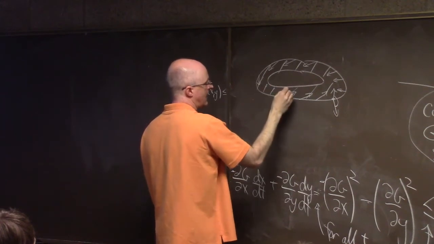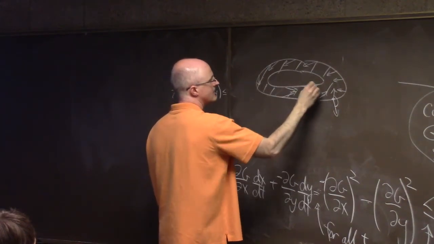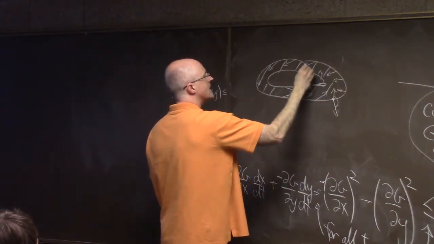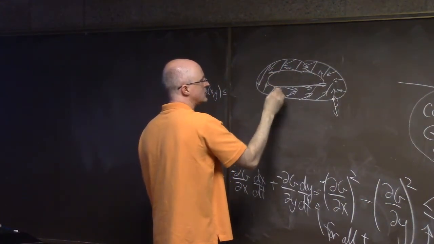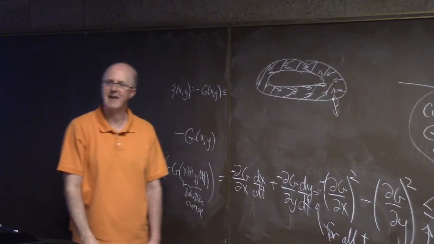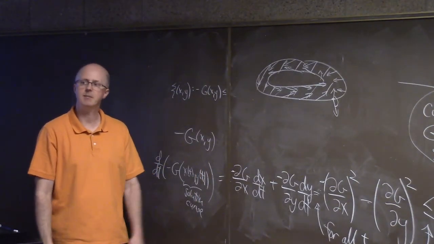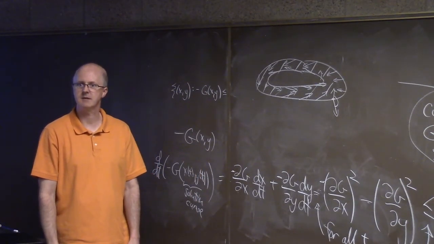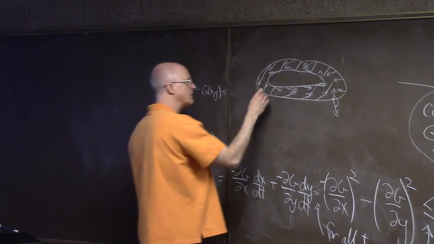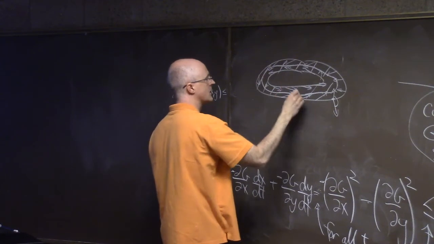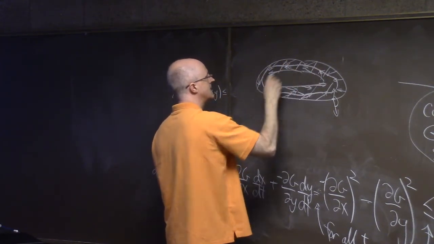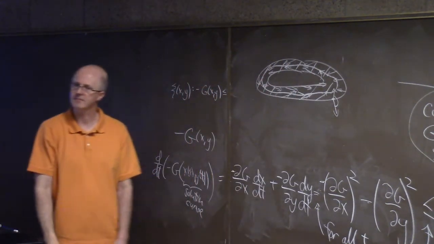And along the inner boundary as well. Something like this. The Poincare-Bendixson theorem says if you don't have any equilibrium points inside that ring, there's got to be a periodic solution inside there. Could be more than one, but there's got to be at least one. There's got to be at least one solution curve that's a closed solution curve. It's a periodic solution like that.